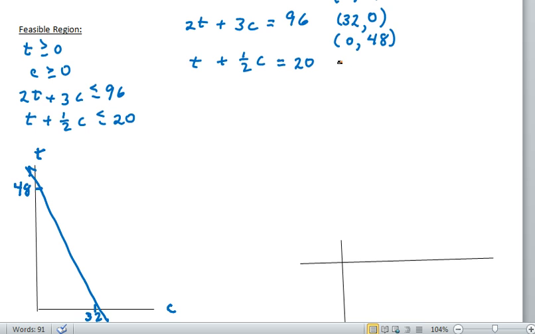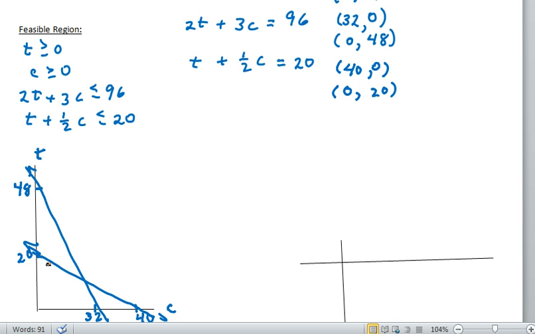Now for the other line, when T equals 0, we get half C equals 20, and so C equals 40. And when C equals 0, we get T equals 20. So on the T-axis, I find 20, and on the C-axis, I find 40, and draw that line through those intercepts.